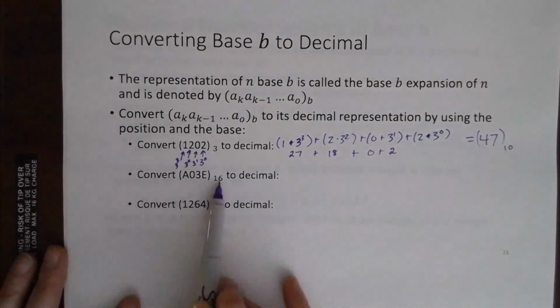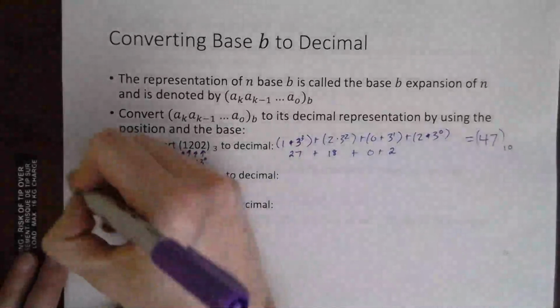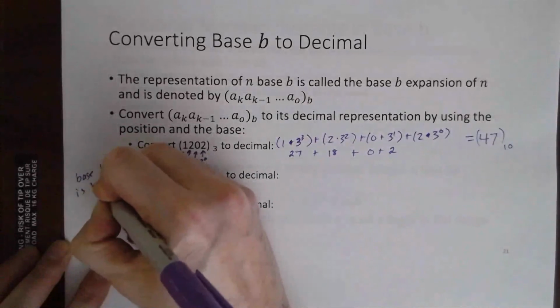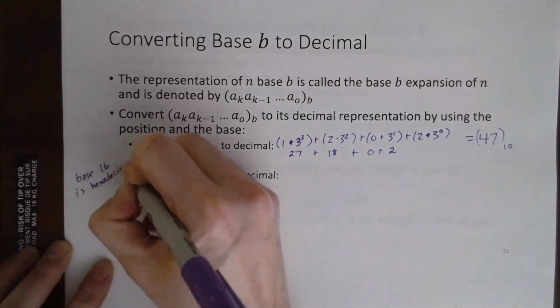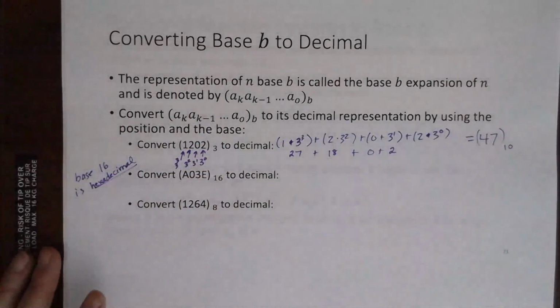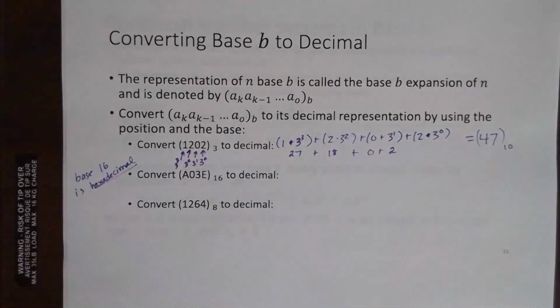So if we're talking about base 16, also called hexadecimal, when you see the word hexadecimal, that means base 16. We have to have 16 different digits to use. We can use 0 through 9 like we're used to, but then we run out of digits.